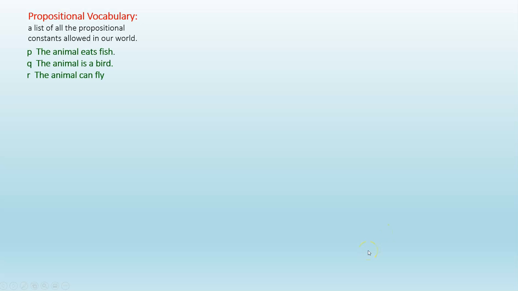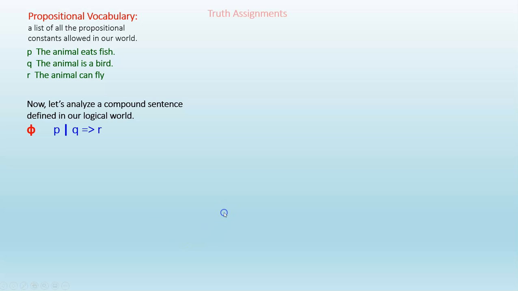And I'm just going to come up with 3 of them, P, Q, and R. The reason I'm doing that is because I'm going to use the complex sentence that we previously looked at, and we're going to analyze that same sentence: P or Q implies R. Now, if P represents the animal eats fish, and Q represents the animal is a bird, and R represents the animal can fly, then the logic sentence says: if the animal eats fish or is a bird, then it can fly. We're going to analyze that sentence.